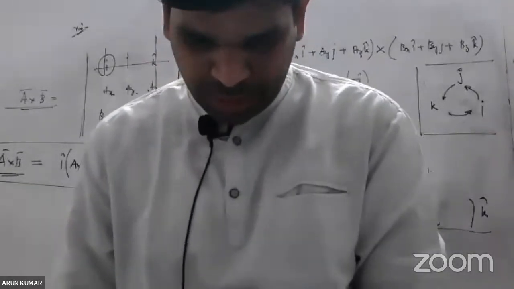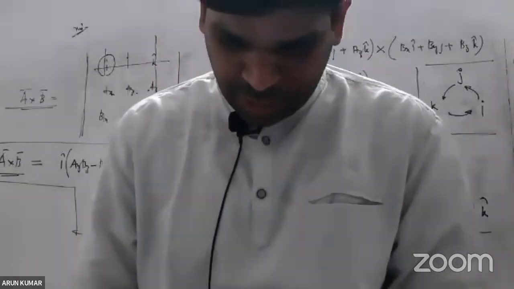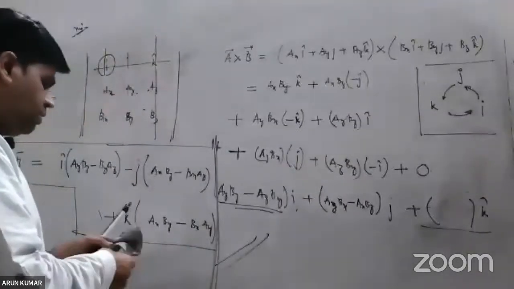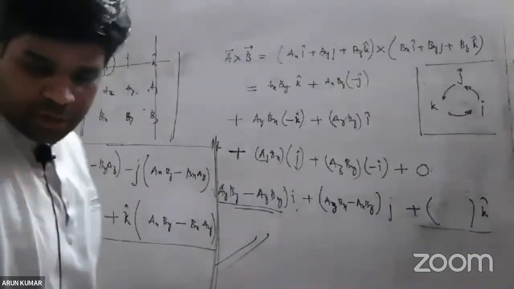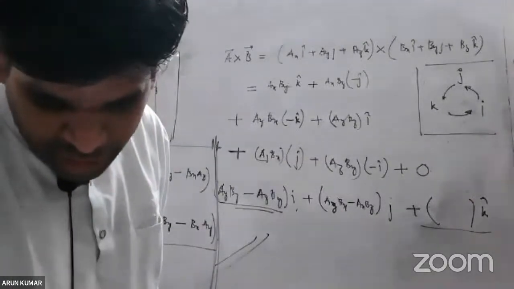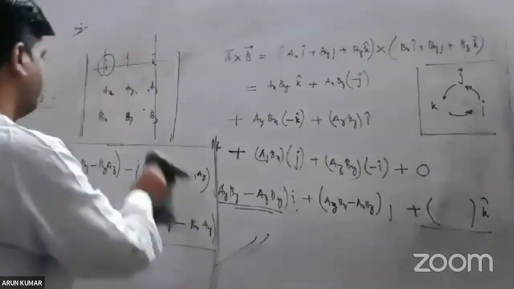Now let's find one cross product. Look at this. There are two vectors given: 3i cap plus 4j cap, and minus 3i cap plus 7j cap.